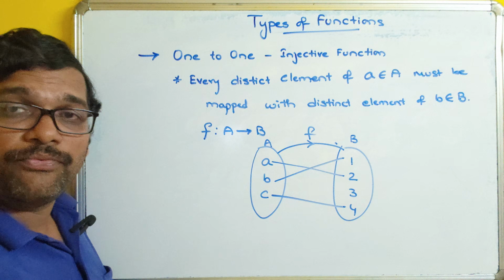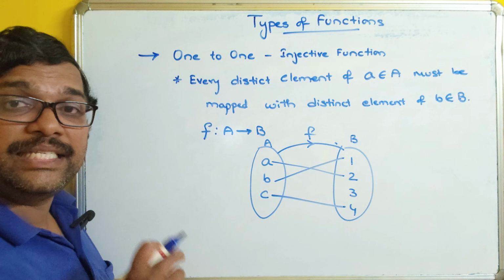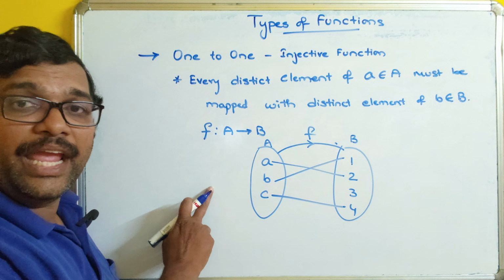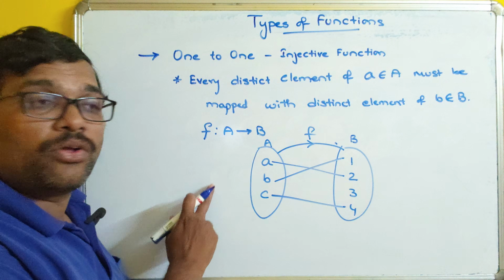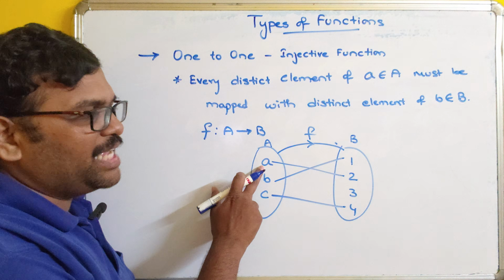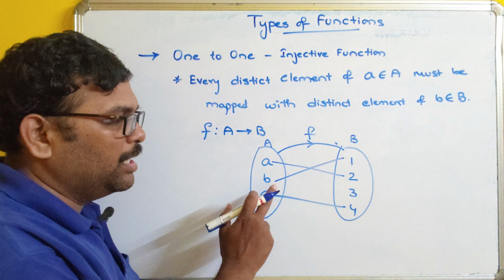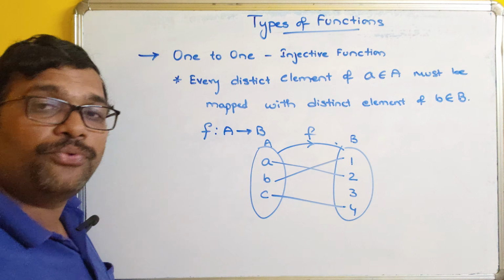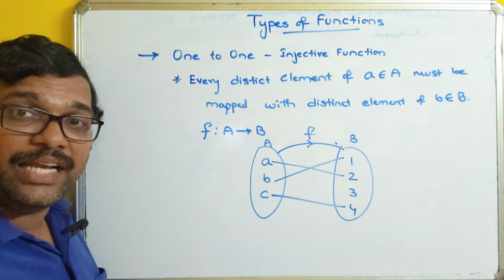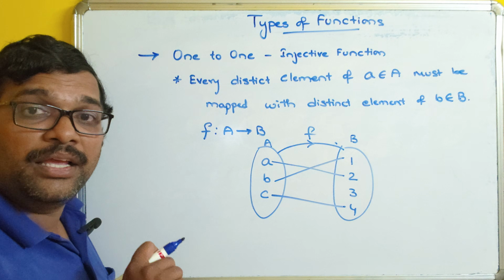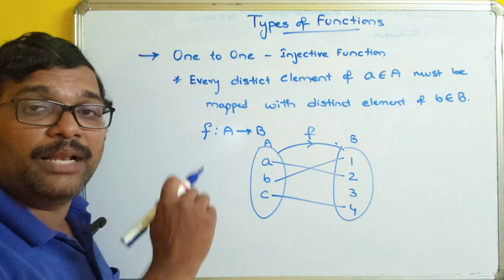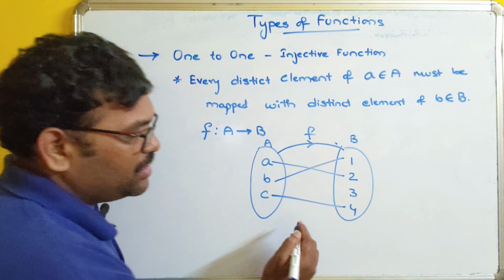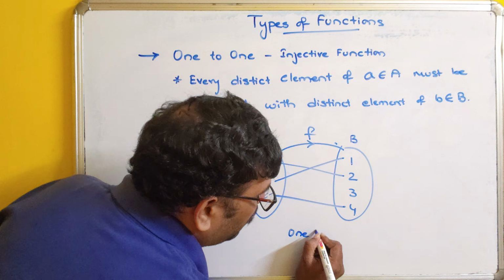Coming to the definition of one-to-one, every distinct element of set A must have a distinct element in B. So a has image 2, b has image 1, c has image 4. a, b, c are distinct elements of A, and similarly those are mapped with distinct elements in B. So this is called a one-to-one function.